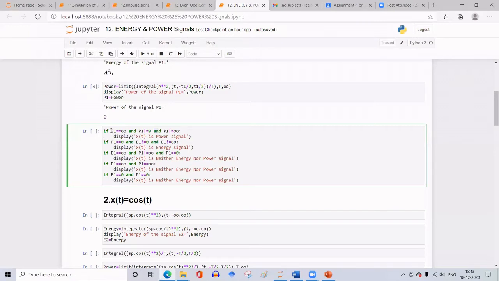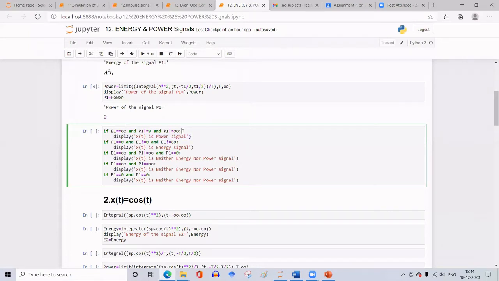So E1 must be infinite and these two conditions on power must hold. Then it is a power signal. If the first if statement results in true, it will execute this, display that x of t is a power signal, and come out.